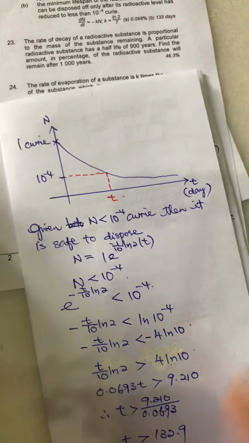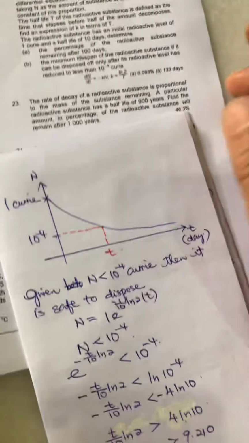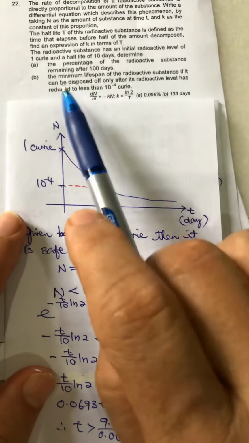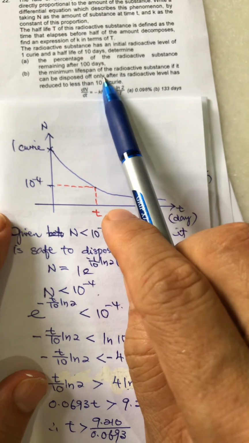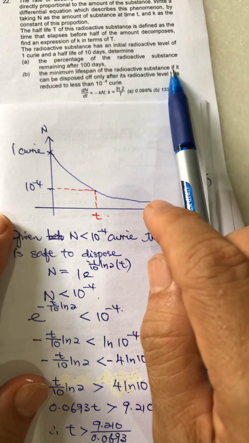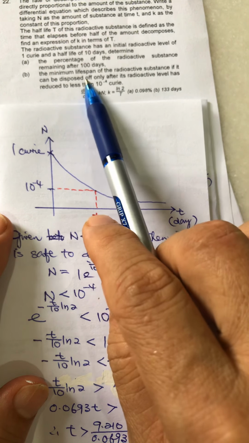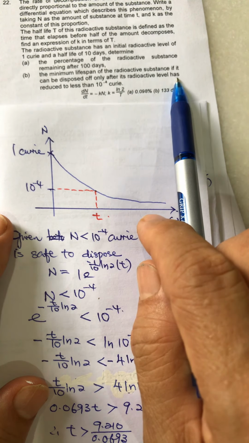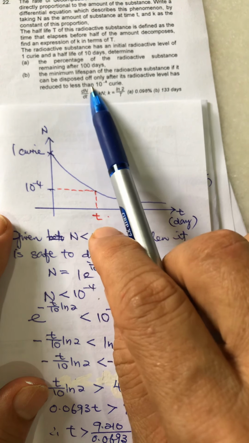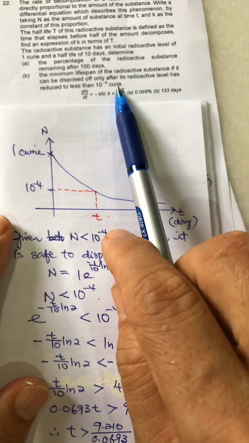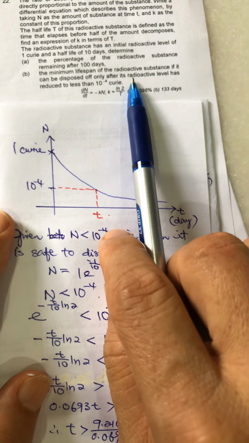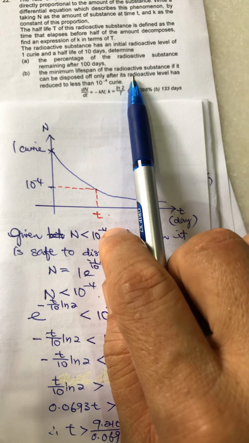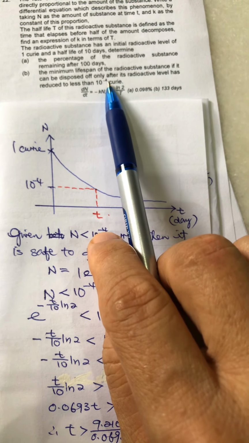Then the last part, part B. The minimum lifespan of the radioactive substance, if it can be disposed of only after the radioactive level has reduced to less than 10 to the power negative 4 curie. That means we have to keep the substance until the radioactive level is less than this, and only then is it safe to throw away.